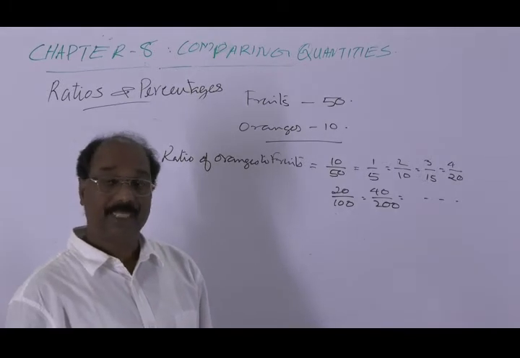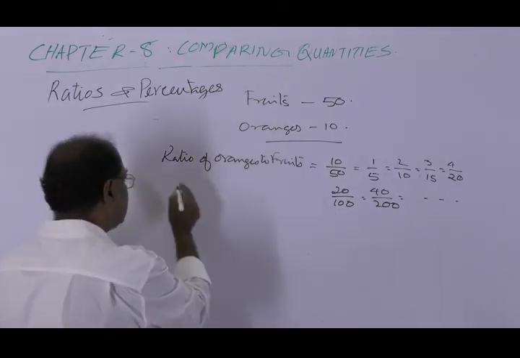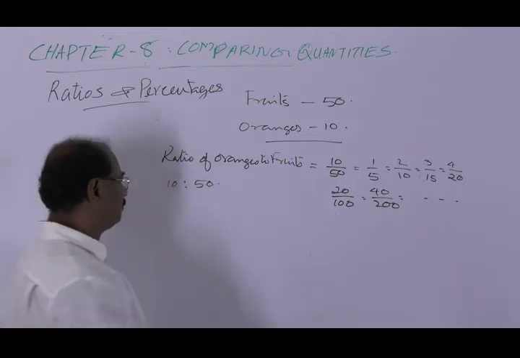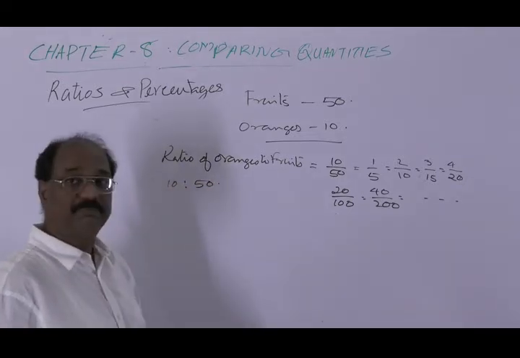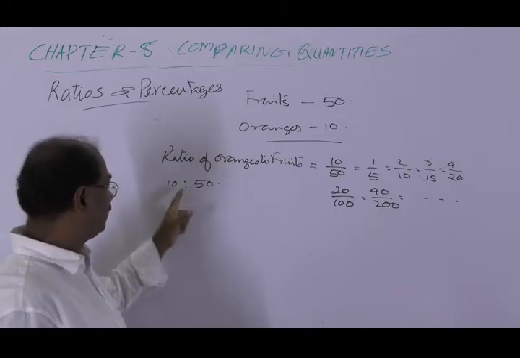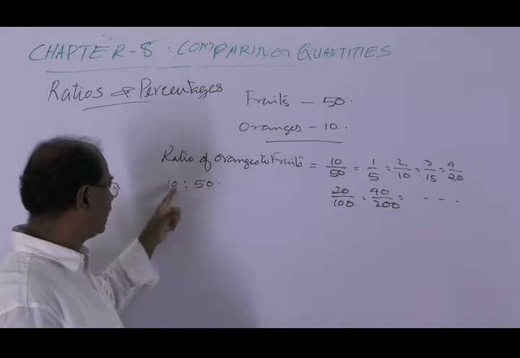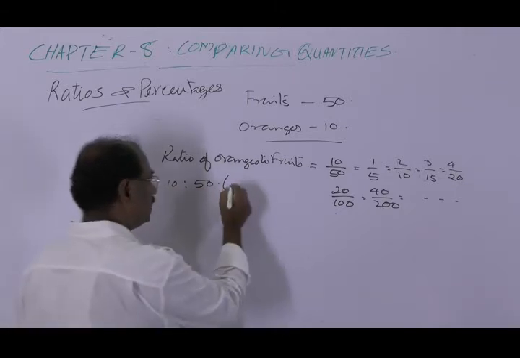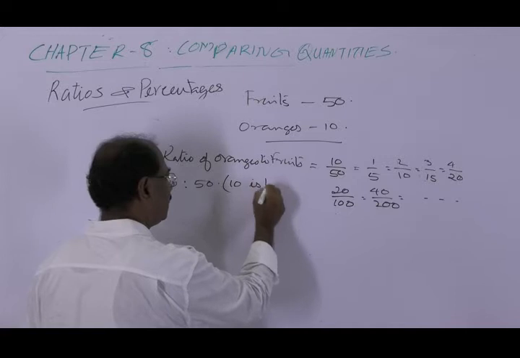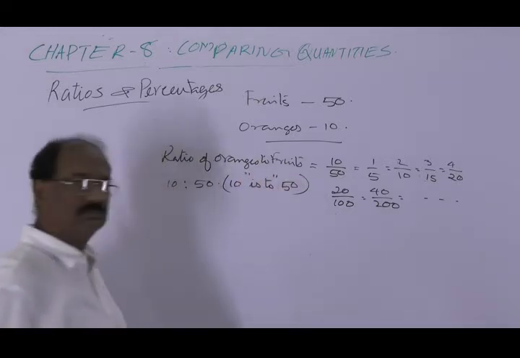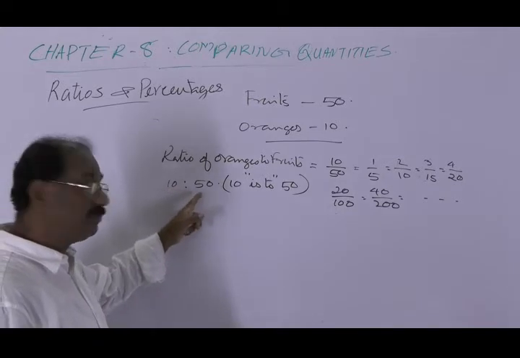Again, this ratio is also denoted by this symbol. For 50 fruits, 10 oranges, it is denoted like this: 10 is to 50, written 10 colon 50.